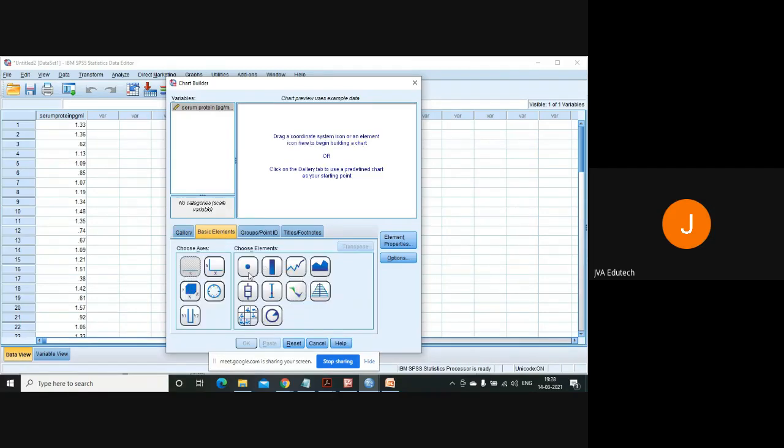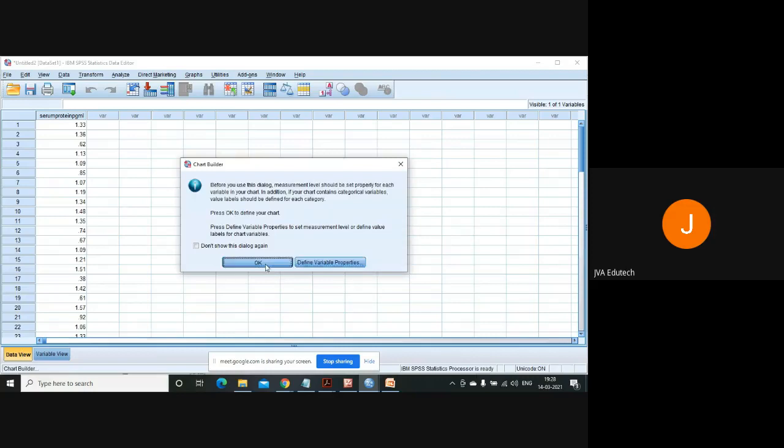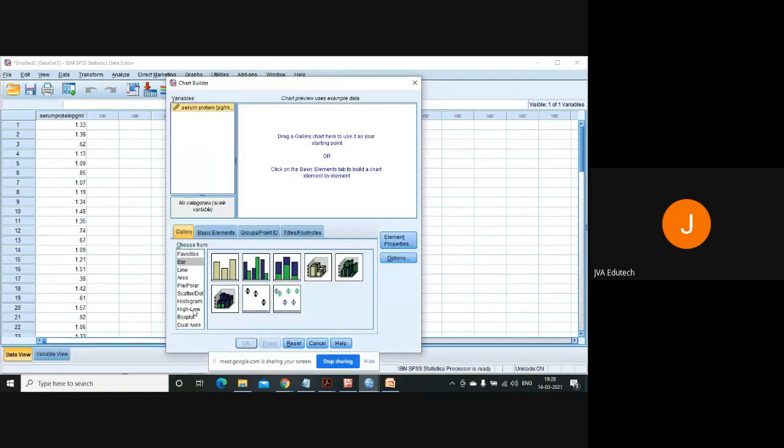Or if you want to build it step by step, then you can use these basic elements. The most used graph is the histogram. So let's go to this chart builder and select histograms.